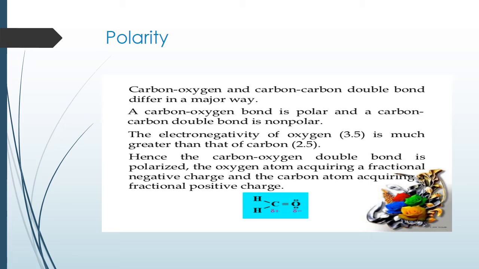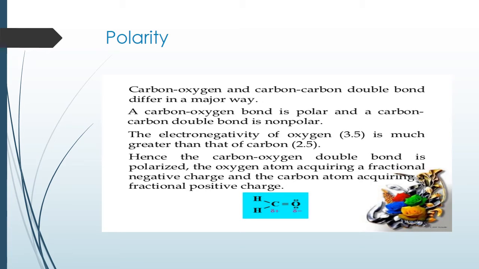Oxygen is more electronegative, so it withdraws the electrons towards itself. When it withdraws the electrons, it carries a partial negative charge, and carbon almost contains a positive charge. So a polarity develops due to the difference of electronegativity.